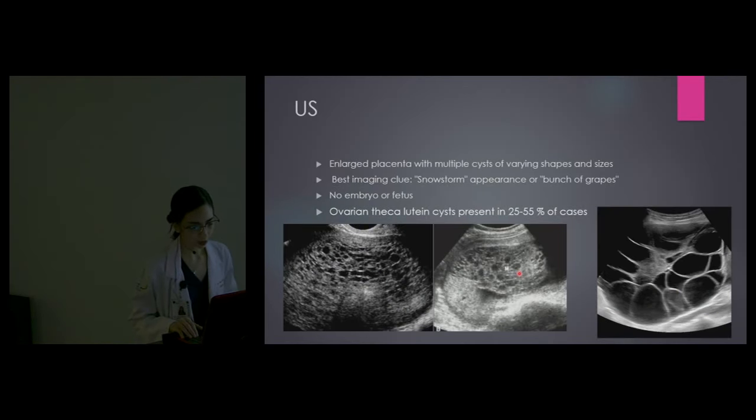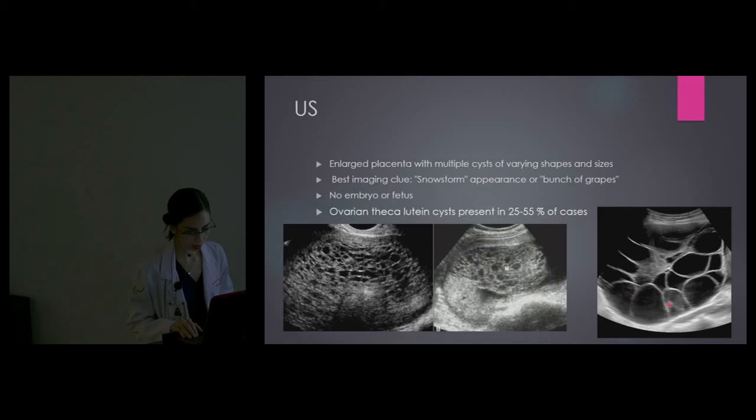The ultrasonographic findings will be an enlarged placenta with multiple cysts of varying shapes and sizes, and the best imaging clue will be known as a snowstorm appearance or bunch of grapes. There will be no embryo or fetus, and it can present with ovarian theca lutein cysts, which are present in 25 to 55%.